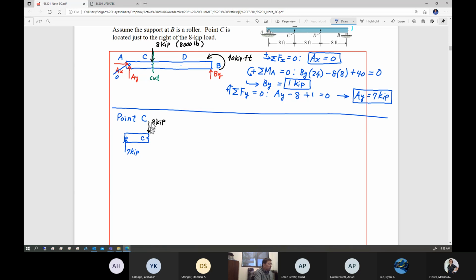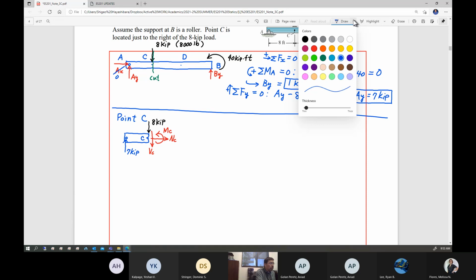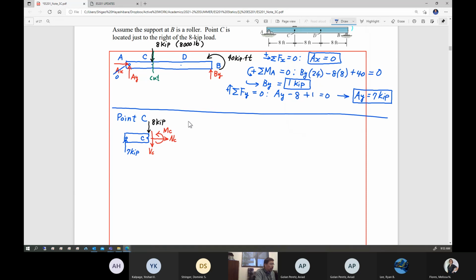Since you cut through point C, you are going to introduce 3 unknowns right here: normal force N at location C, internal shear force VC, and internal bending moment MC. Those are the internal loadings you want to find out by applying, once again, 3 equations of equilibrium. So let's just do that.